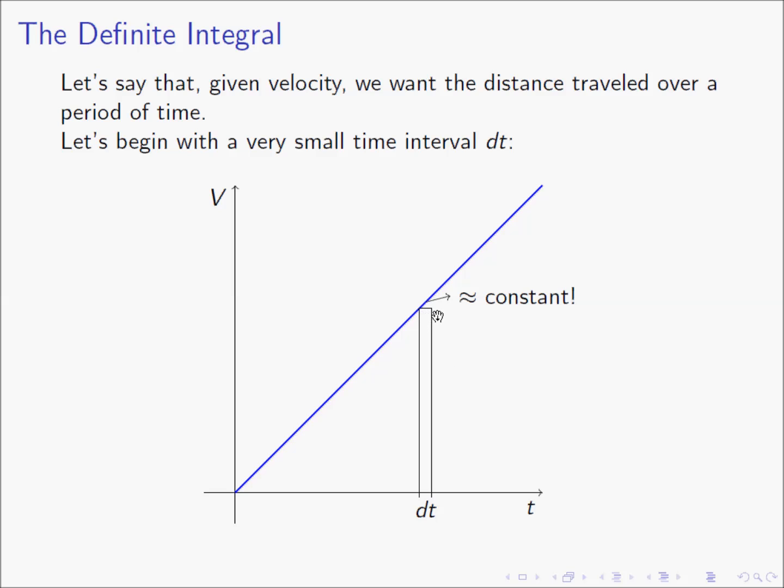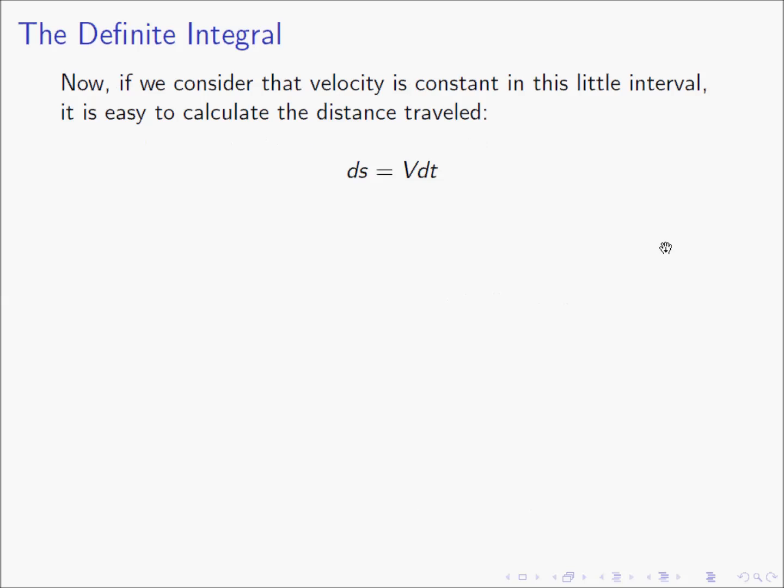So we're going to say that the velocity function is constant in this very small interval. This is an approximation to reality. Now, if you consider that velocity is constant in this little interval, it is easy to calculate the distance traveled, because we know from physics that distance is velocity times time.